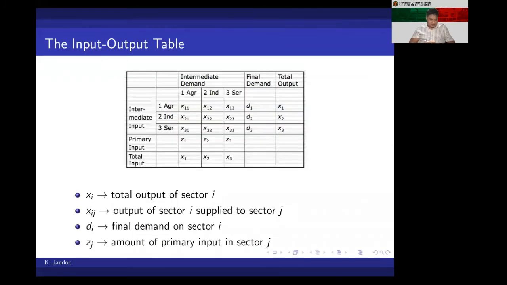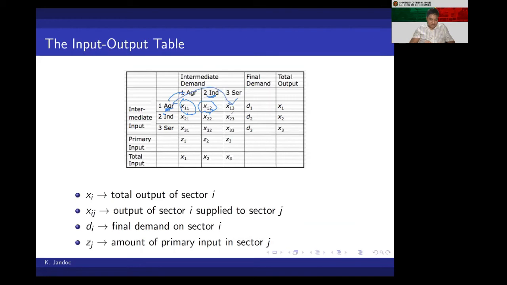Now here's a general input-output table. So instead of numbers here, we have symbols. And the entries of this table are as such. So X11 over here is the output, for example, of sector 1, which is agriculture, to agriculture. Okay, X12 over here is the output from agriculture supplied to industry, the second sector, and so on and so forth.